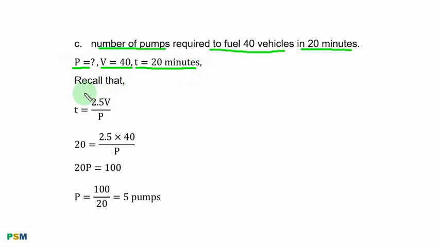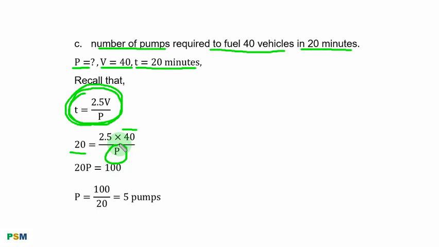Again, you recall the relationship between the 3 variables, which is this. You have to replace T with 20, V with 40 in order to find P.